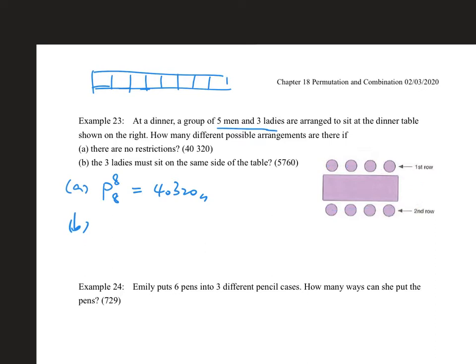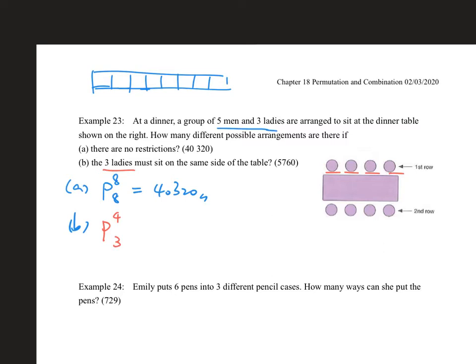The second case coming up is that now there's a restriction that the three ladies must sit on the same side of the table. Because there are two sides, first row and second row, as shown in the picture, I will deal with the three ladies first. The first situation would be, for example, if the three ladies are seated among these four chairs, then the ways to arrange them will be 4P3, the four chairs to choose from for the three ladies.